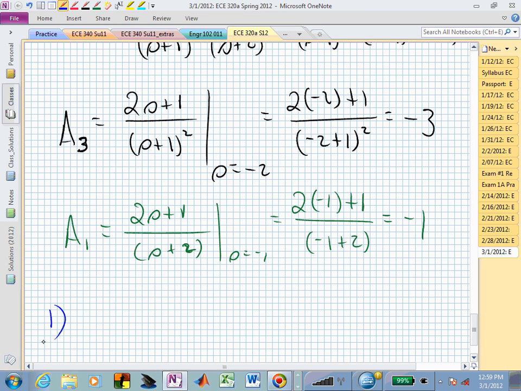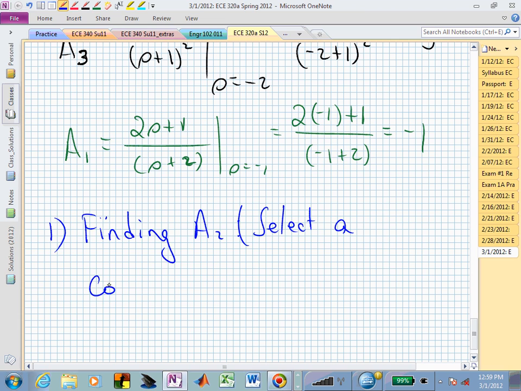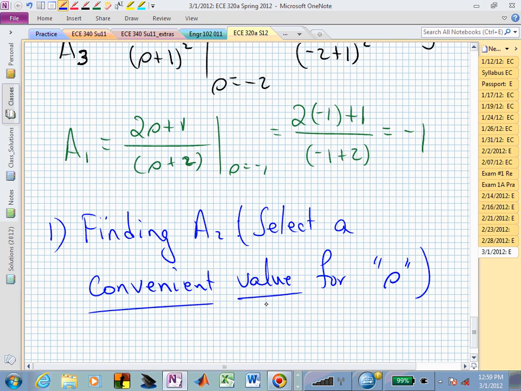So now this first technique is, and here we are going to select, and I'm calling this the convenient value approach for finding a sub 2.